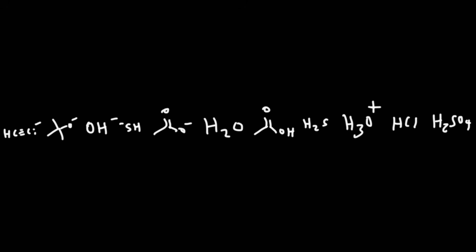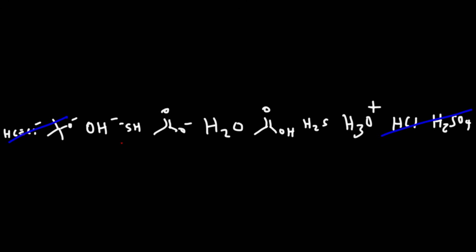So based on the leveling effect, we can't use any acids stronger than H3O plus when water is a solvent. So we can't use HCl and H2SO4. If we do, they're not going to exist in water because they will react with water. And we can't use bases that are stronger than hydroxide. So everything outside of that range on the left or on the right can't be used.